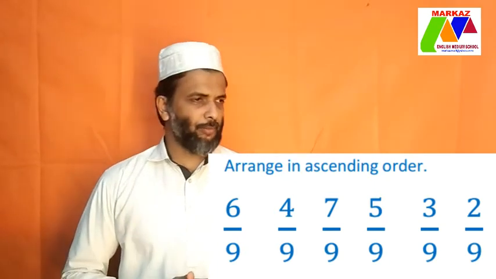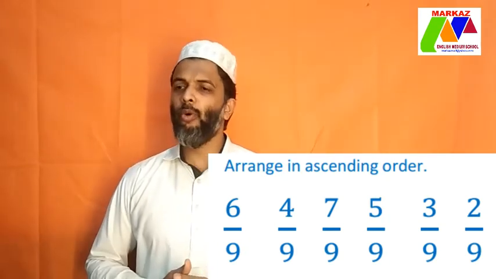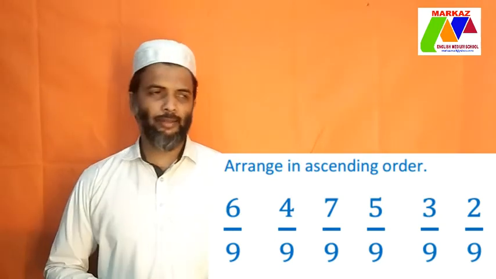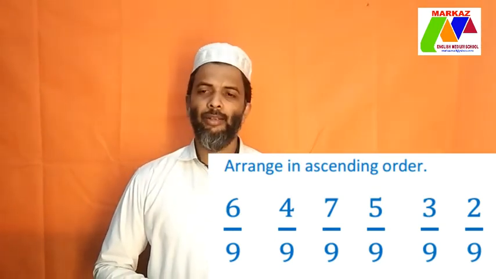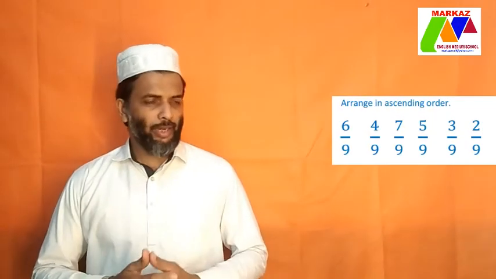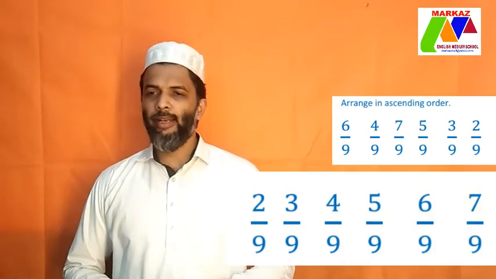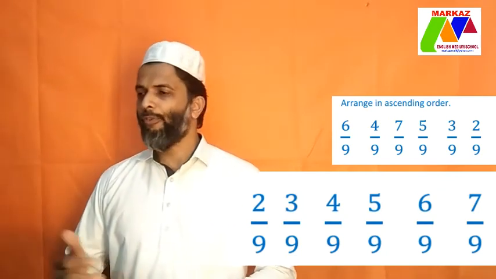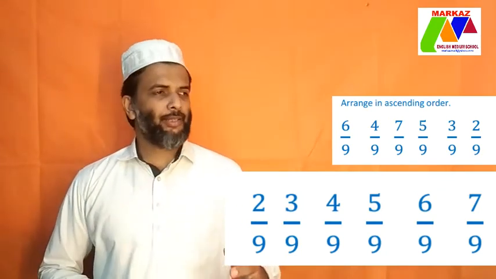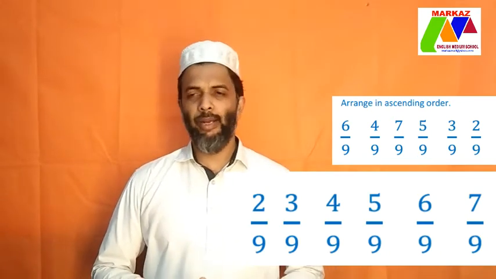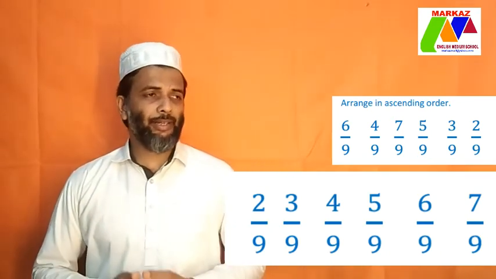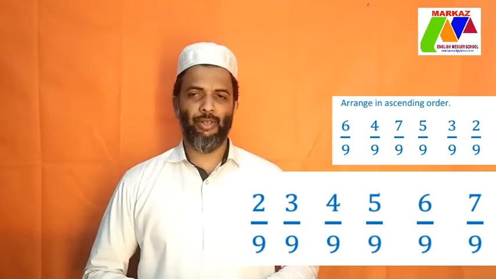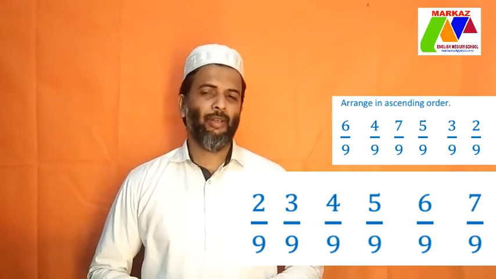In like fraction, our formula is smallest numerator is smallest fraction. So write 2 by 9, then 3 by 9, then 4 by 9, then 5 by 9, then 6 by 9 and 7 by 9. 7 by 9 is the greatest fraction and 2 by 9 is the smallest fraction. Okay, write down the answer.